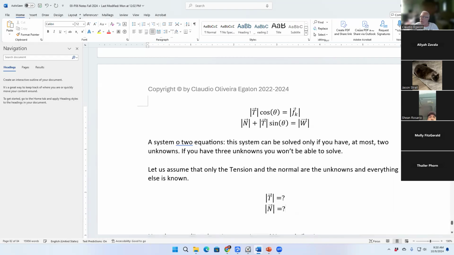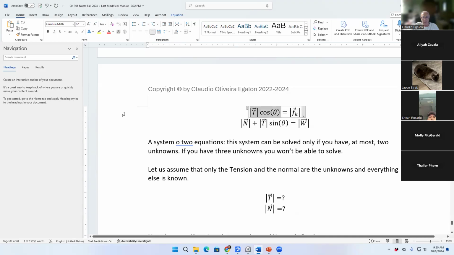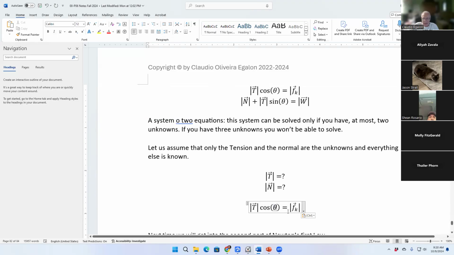However, you know everything else. Let's assume that only the tension and the normal are the unknowns and everything else is known, right? Theta is known, with an exclamation point.